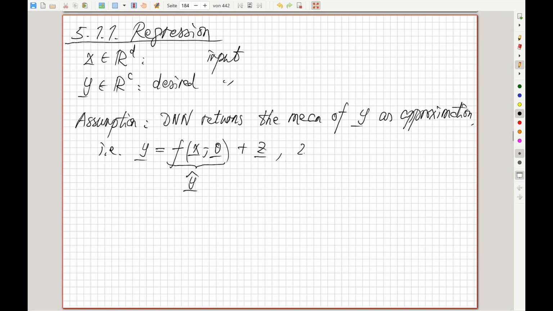And Z is called typically noise, but in our case, it's not really noise, just a sensor noise and so on. This is nothing else than approximation error. We can never perfectly predict the value of the ground truth output because it's random.